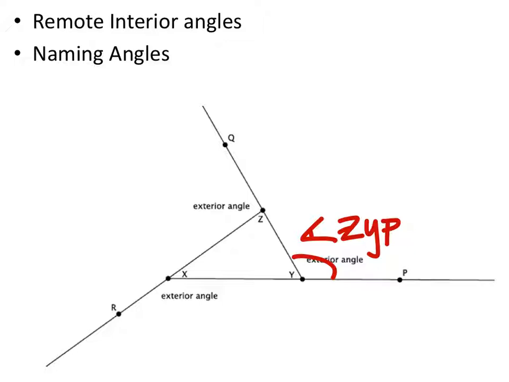So for example, ZYP would have these two remote interior angles, angle XZY and angle YXZ. So these two interior angles are remote interior angles to this one exterior angle, angle ZYP.